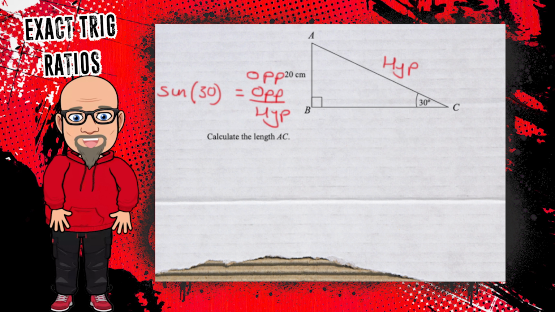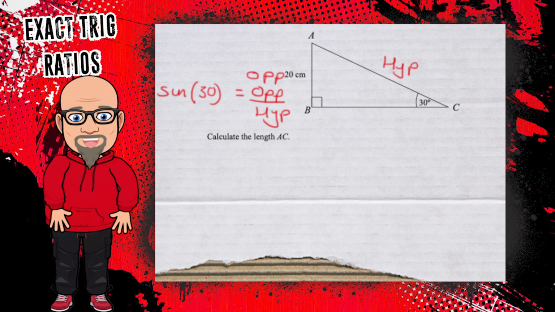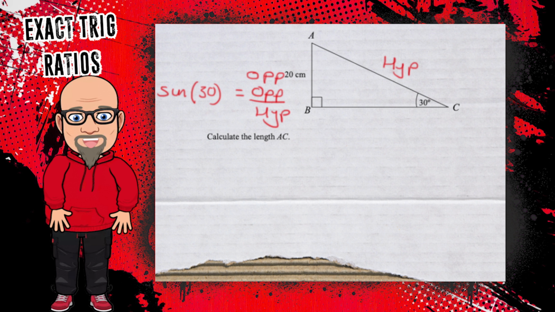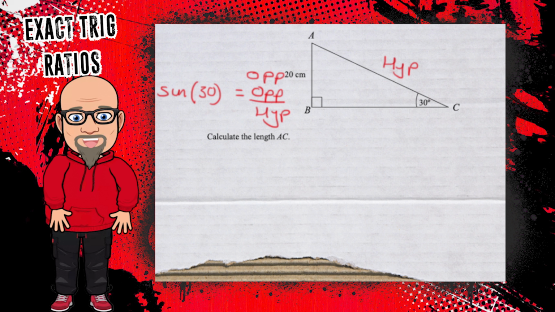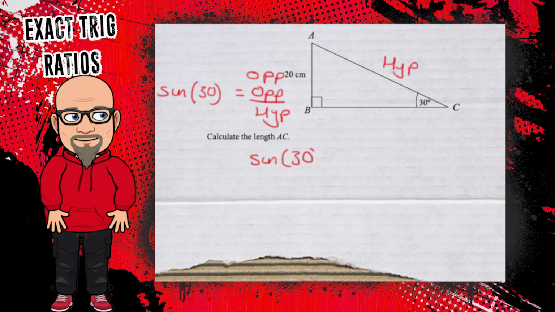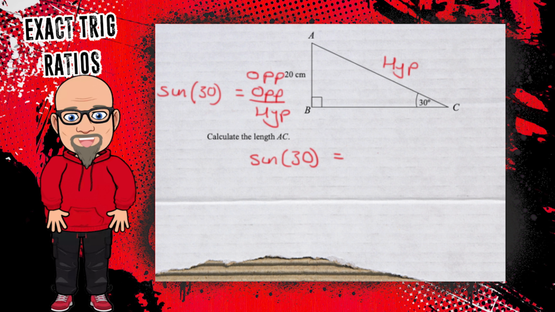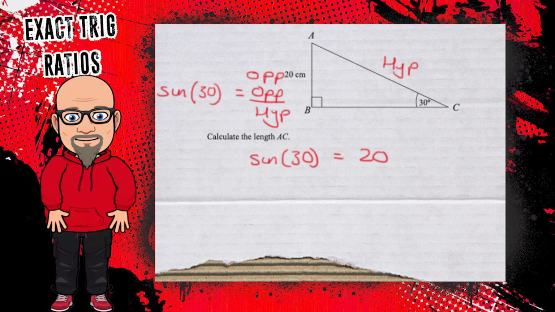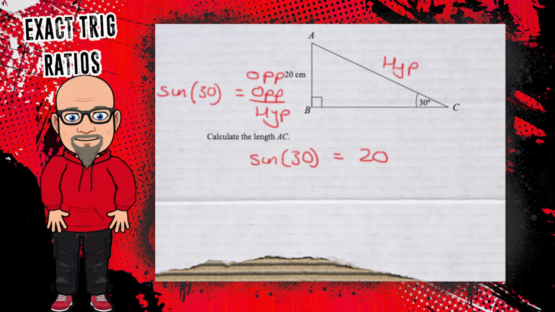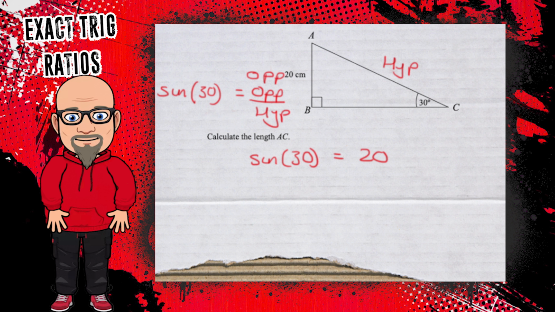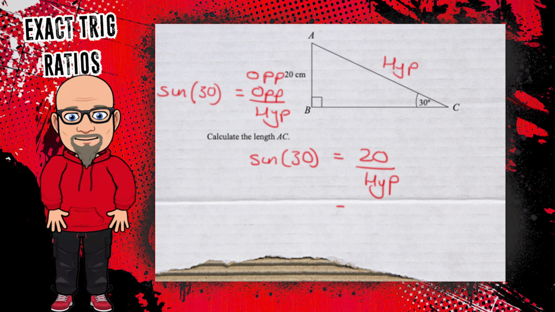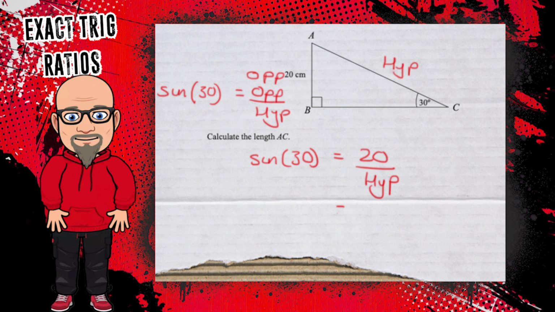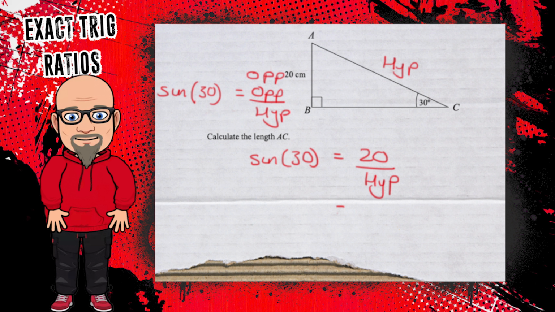I now know what sine 30 is, so I can start to rewrite this and put everything together. Sine 30 equals, so the opposite was 20, and the hypotenuse is what I don't know. I can rearrange this now, and I get that the hypotenuse is 20 over sine 30.